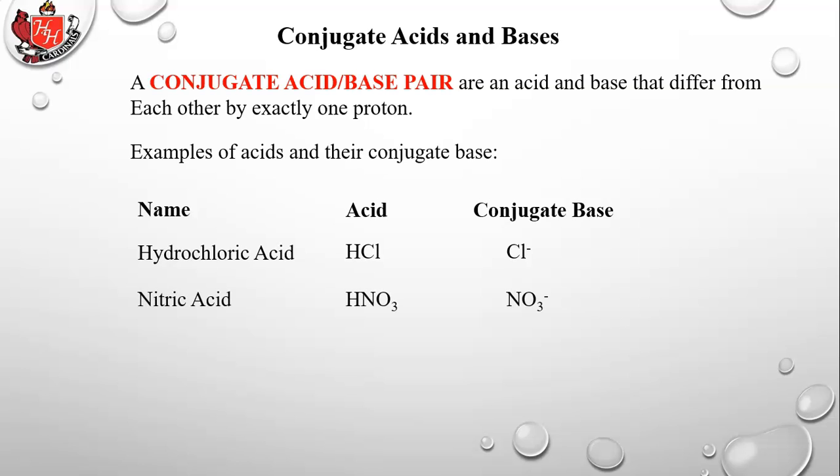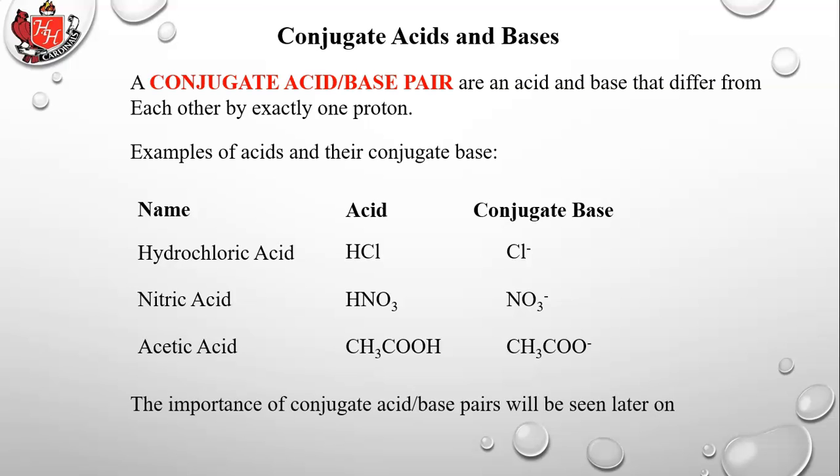Nitric acid, HNO3: you take away that H, and you have the nitrate ion, NO3-. Acetic acid, a weak acid, CH3COOH: you take off the H, and you end up with the acetate ion, CH3COO-. Those are conjugate acid-base pairs because they differ by just that one proton. The importance of conjugate acid-base pairs will be seen later on.